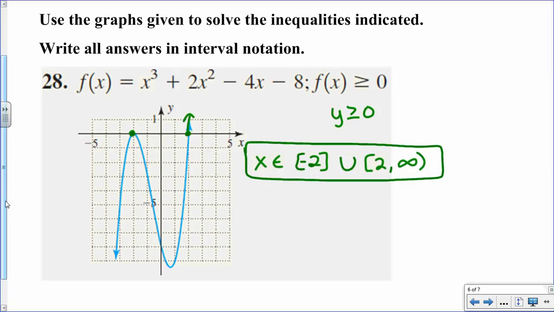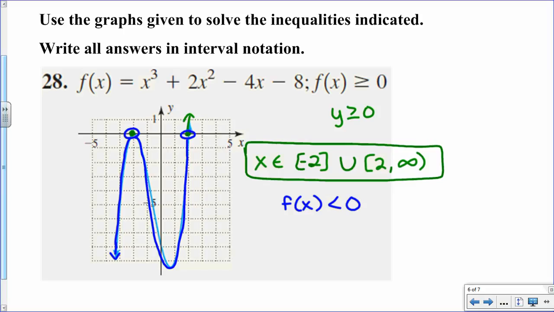I want to practice this just a bit more. So this is the answer to this question. But what if it had asked us, find x where f of x is less than 0? Well, first of all, it's not equal to. So these places where it equals 0, those are holes. But I have all of this that's below.